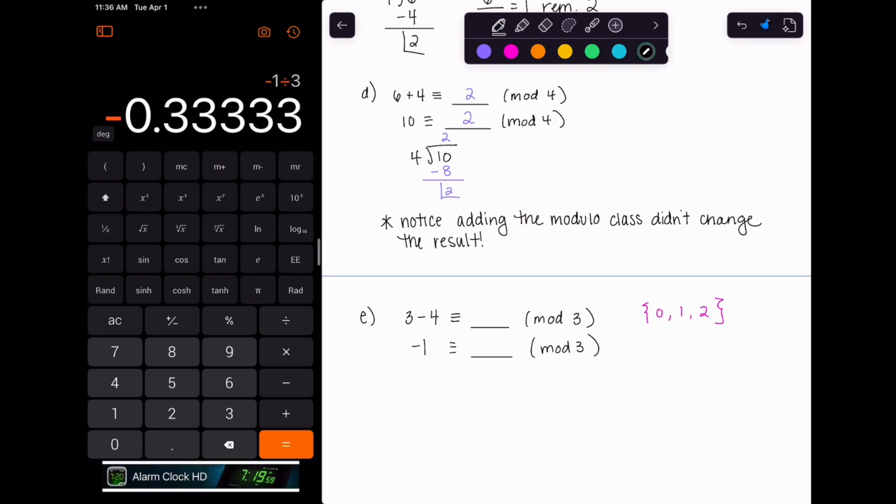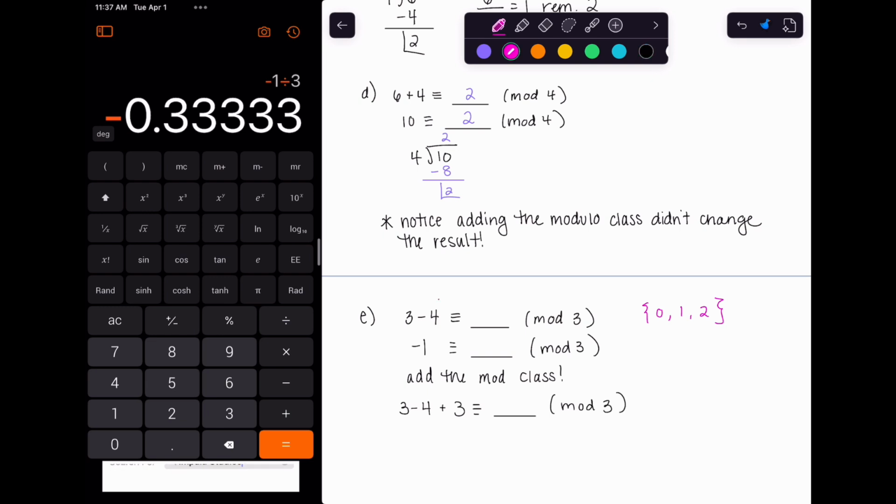This is exactly where we're going to keep adding the modulo class until I end up with something nice. So here we're going to add the modulo class. Because it's really the same, 3 minus 4, if I add 3 to it, it does not change the result at all.